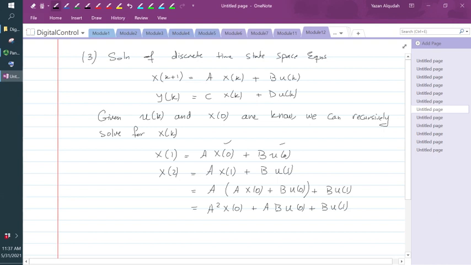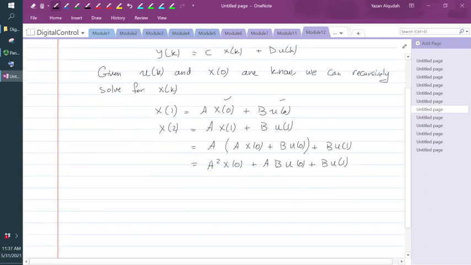Okay, so we can continue this recursive calculation. We can calculate x of 3 equal to a x of 2 plus b u of 2, and this is going to equal a multiplied by a squared x of 0 plus a b u of 0 plus b u of 1, plus b multiplied by u of 2.